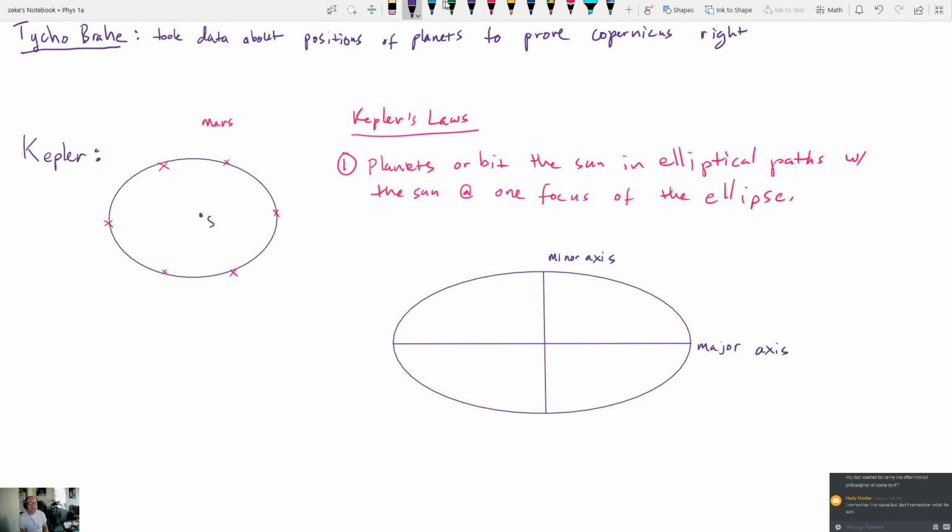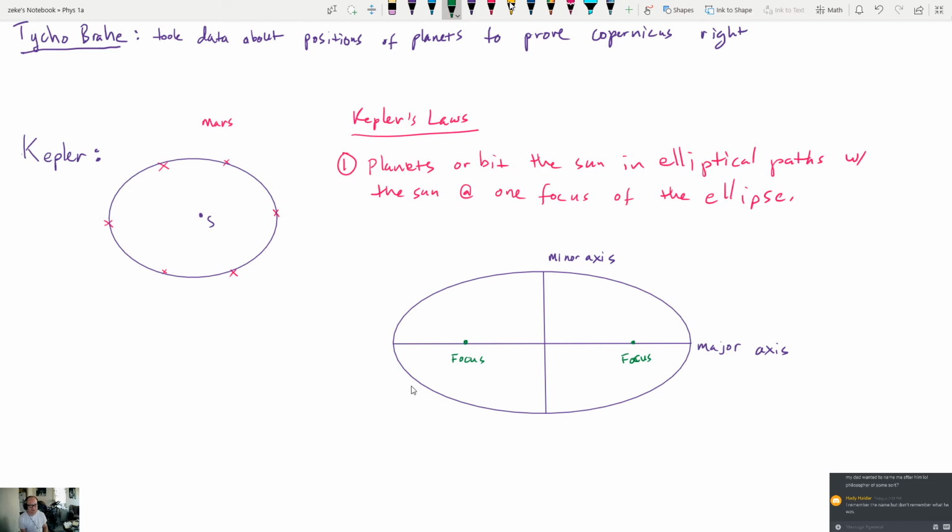Okay? And then we can put the sun into this picture now. The sun is going to be at one of the focuses of the ellipse. An ellipse has 2 different foci, one here and one over here. They're at very specific locations, but we call those the foci. So this is a focus, and this is a focus.